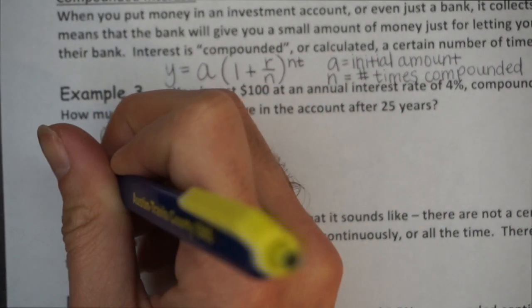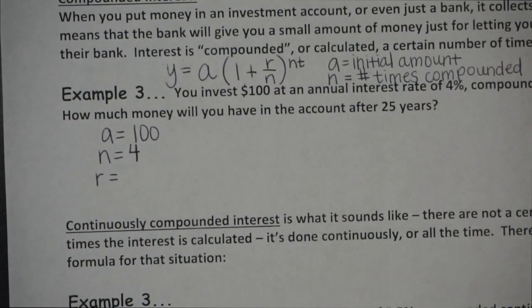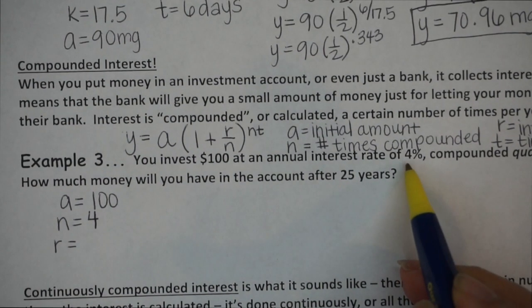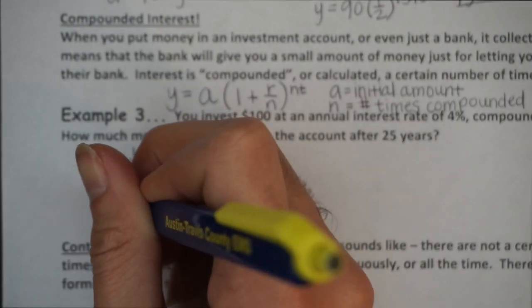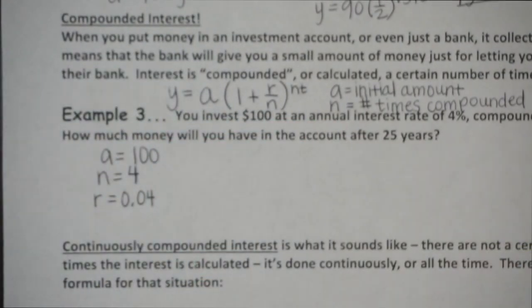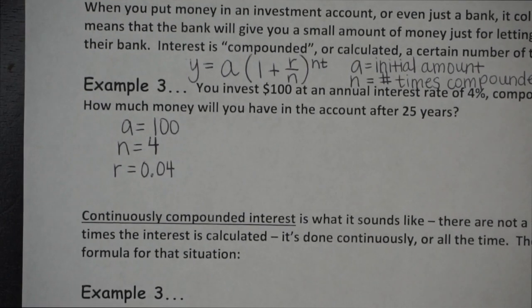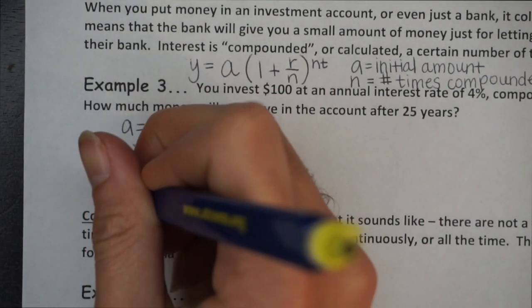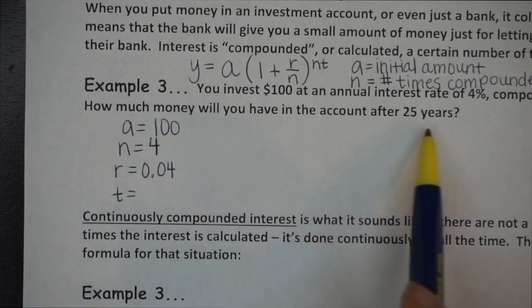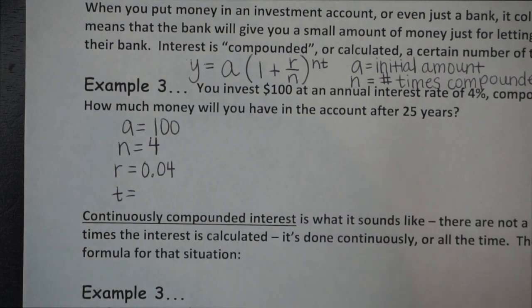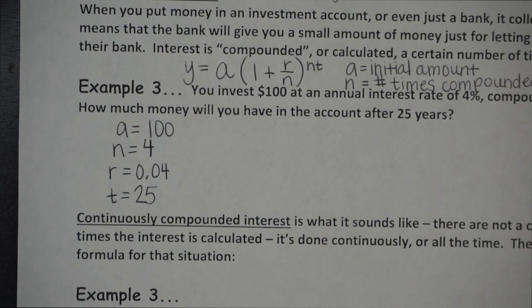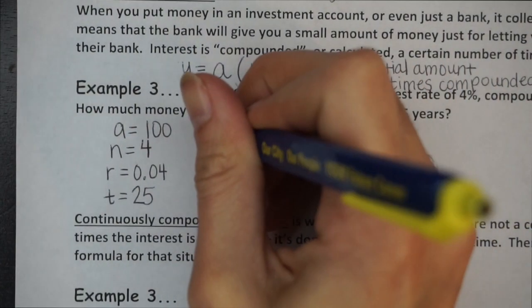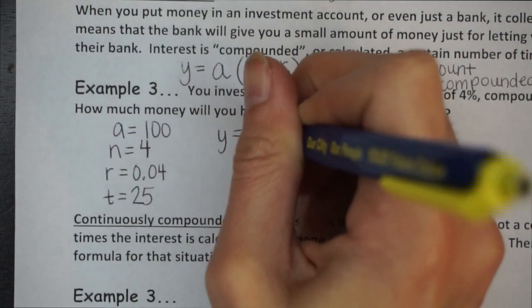All right. Our R is our interest rate. That's 4%. 4% written as a decimal is 0.04. We are going to change it into a decimal. And then T, the amount of time, is 25 years, since we want to know how much money will be there after 25 years. And so we're going to fill in our equation.